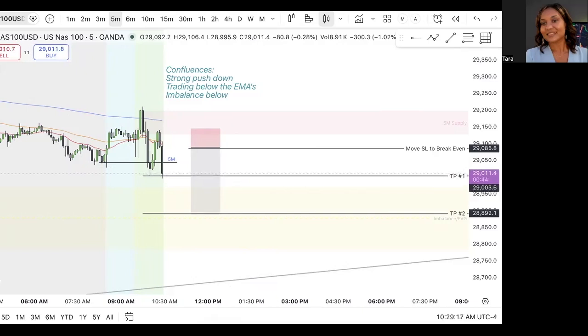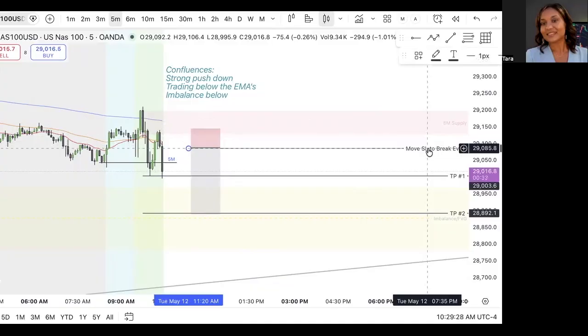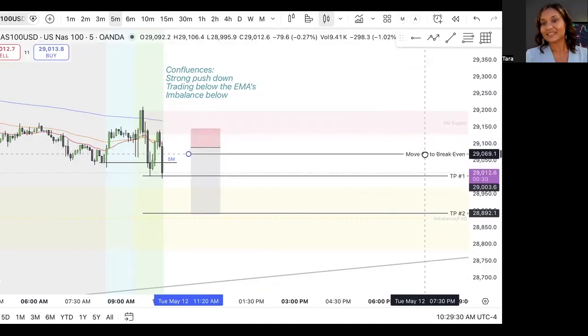And so now you should have half of your contracts remaining. You may want to move your stop loss into profit so that you don't lose all of your gains.